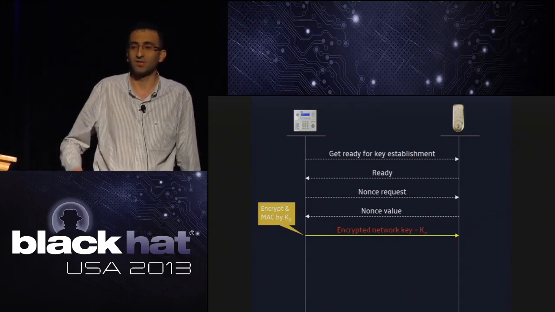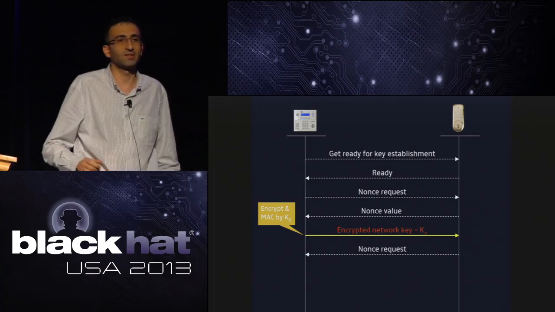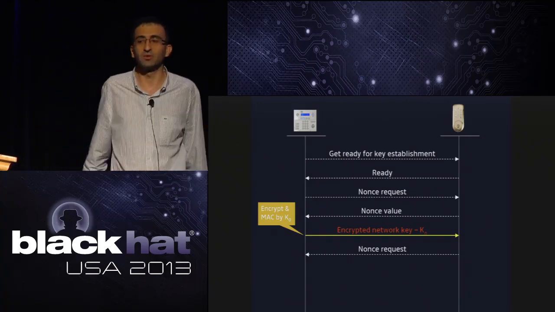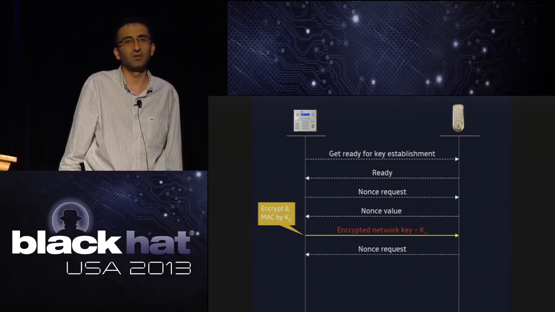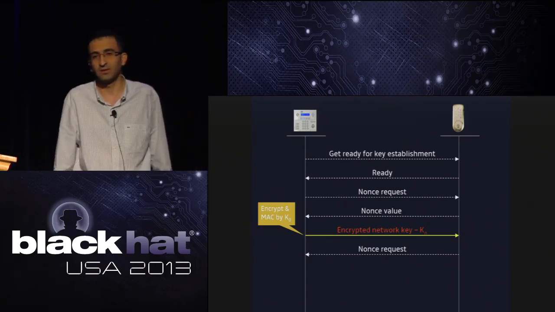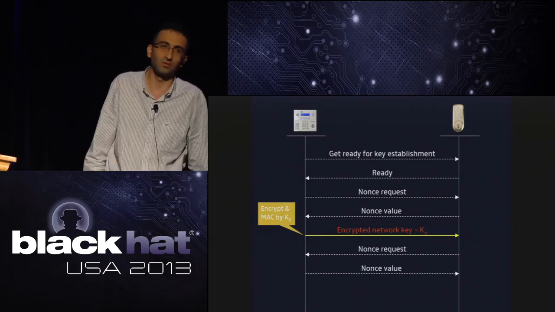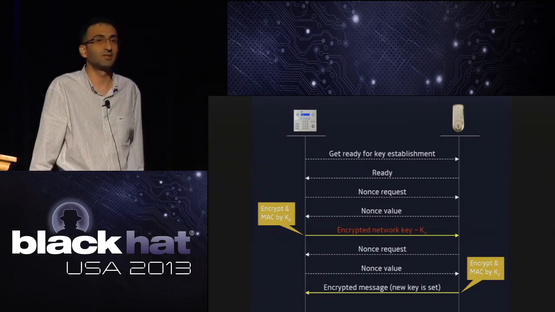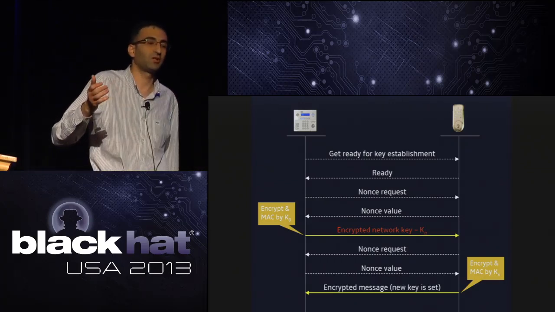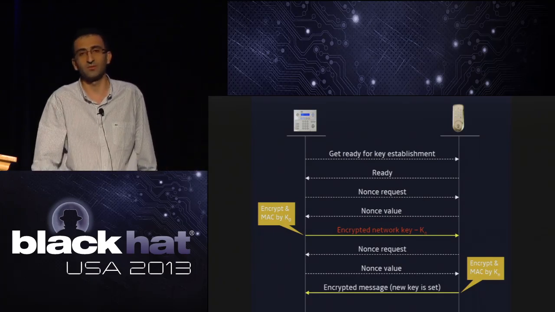Then, if all was successful, it attempts to reply back to the control panel and tell it that it has a new key. So again, it requests a nonce value from the control panel and uses that nonce value to build a secure packet. And how this secure packet is built, this time the secure packet actually is built by the Kn, the new key received from the control panel.